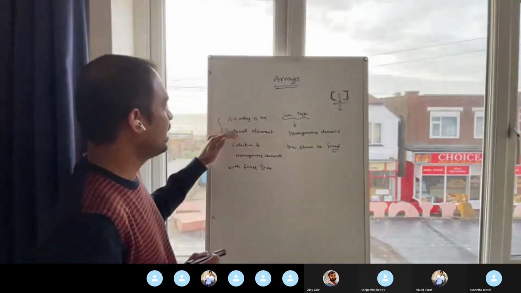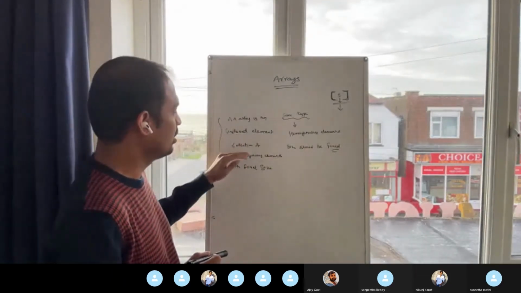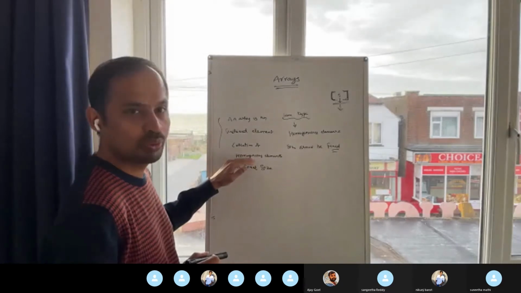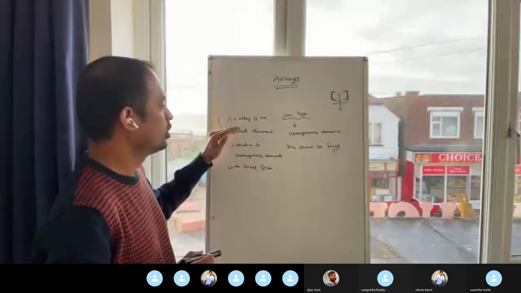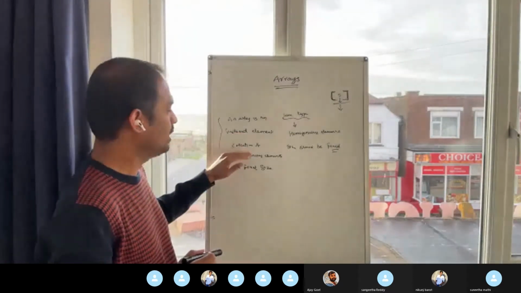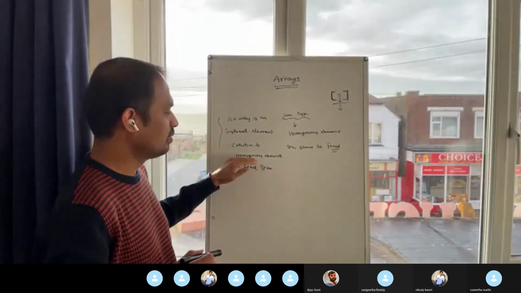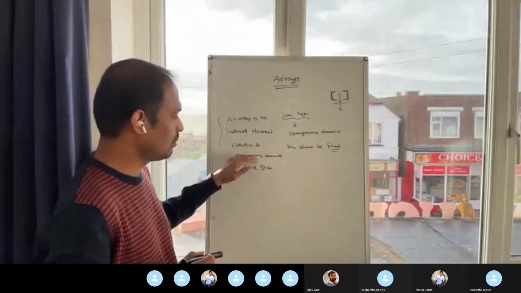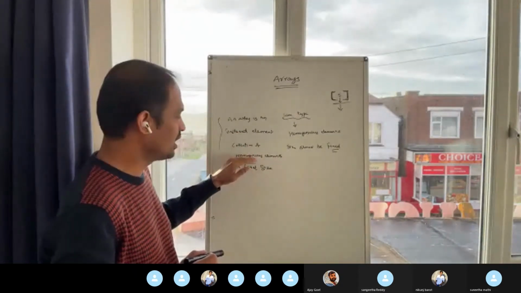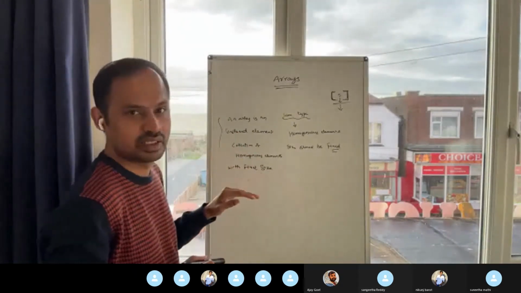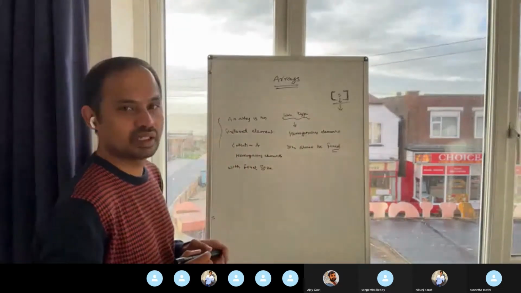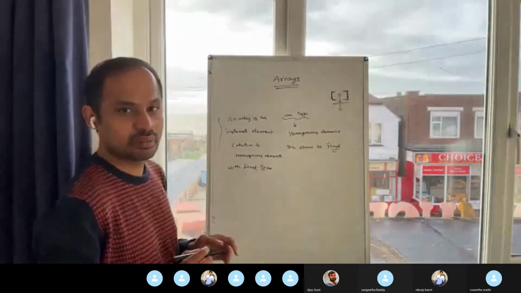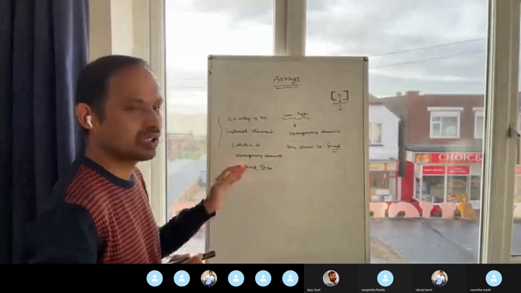So it should be indexed, and the collection should be homogeneous, and the size should be fixed. It should be a group of homogeneous elements with fixed size. This we will call an array.